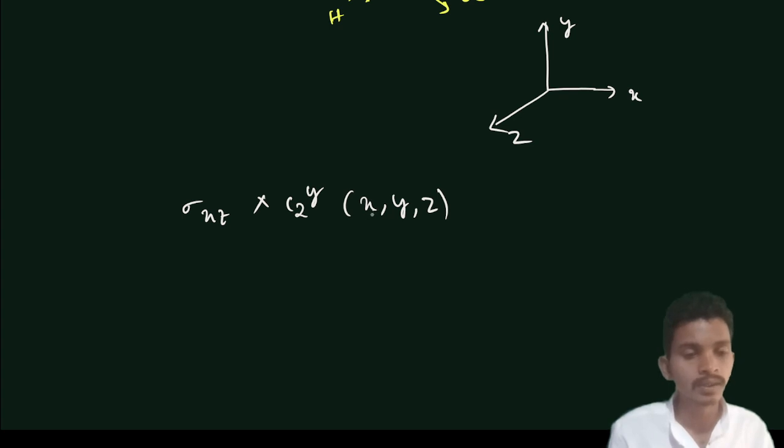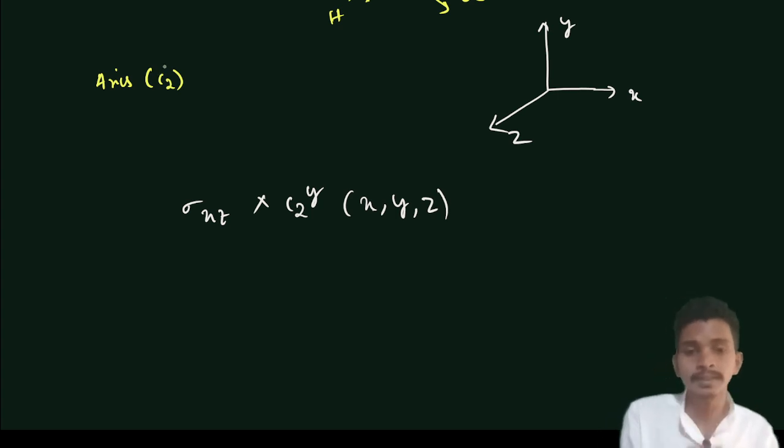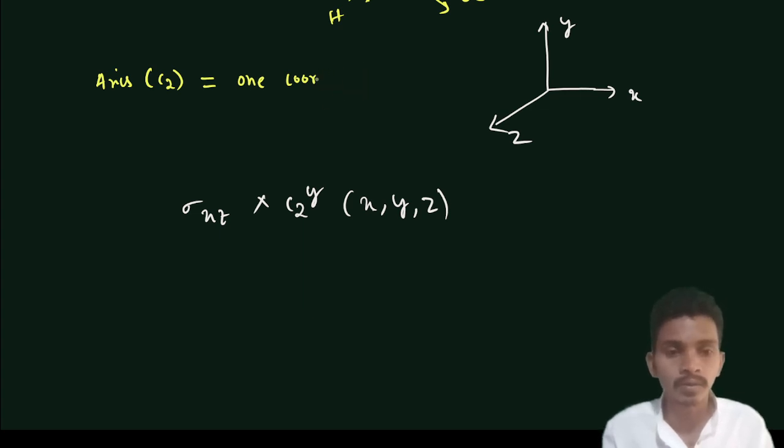So what I understand from above is that whenever you pass an axis, here only C2, one coordinate, let's say x or y, or simply one axis, does not change.